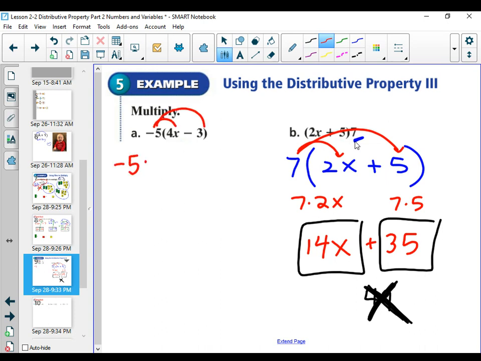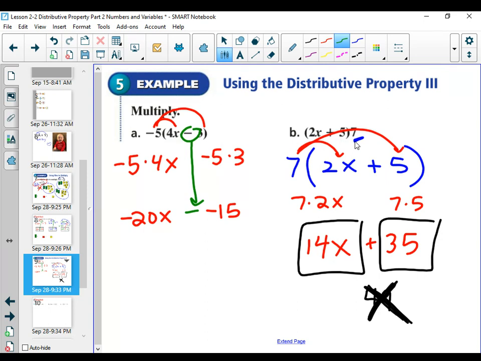Negative 5 times 4x, negative 5 times 3. A positive and a negative is a negative. A negative and a positive is a negative. Bring down the symbol.